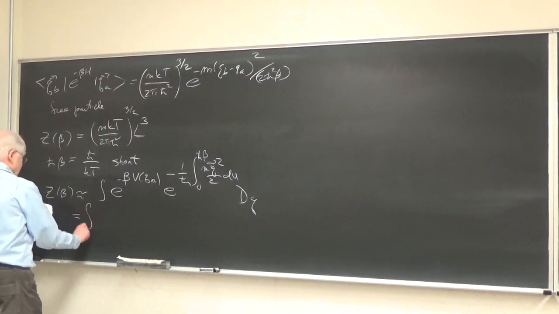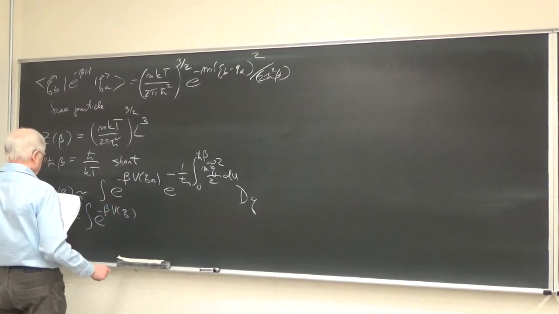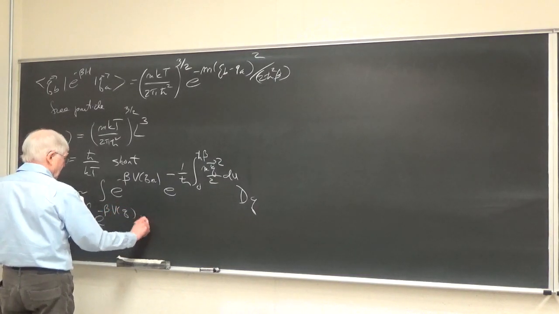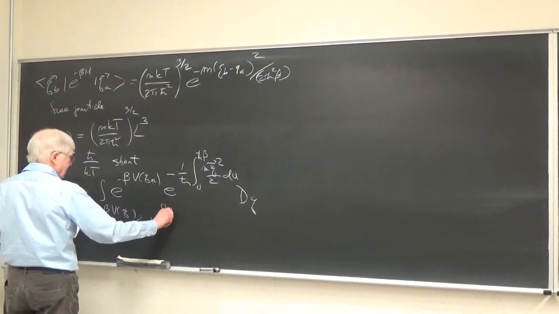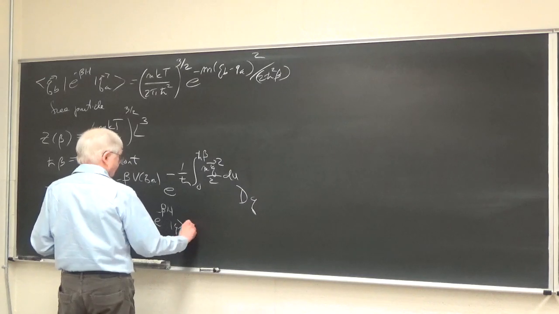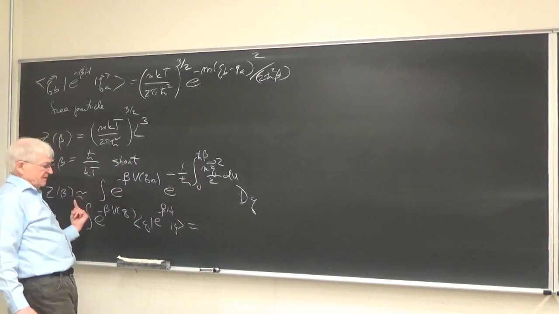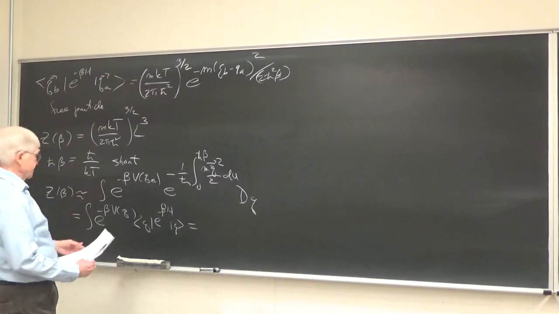And so this then is an integral of e^(−βV(q)), I'll just call it q, V(q), times e^(−βH), and here we've just gone to the free particle because we pulled out the potential, and so we can use this formula.